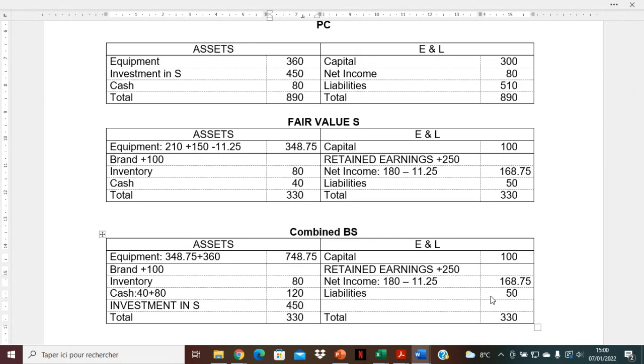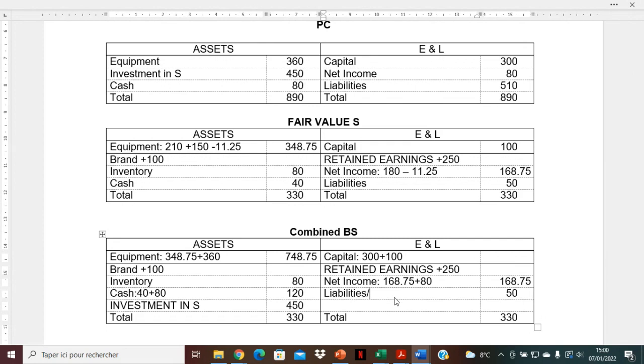Accounted for 450. I have capital, okay, 300 for the parent plus 100 for the subsidiary. I have the retained earnings. I have net income. Net income of the subsidiary is 168.75 plus 80 of net income for the parent company.